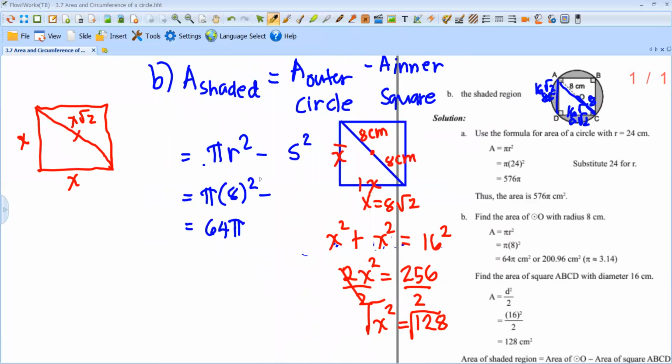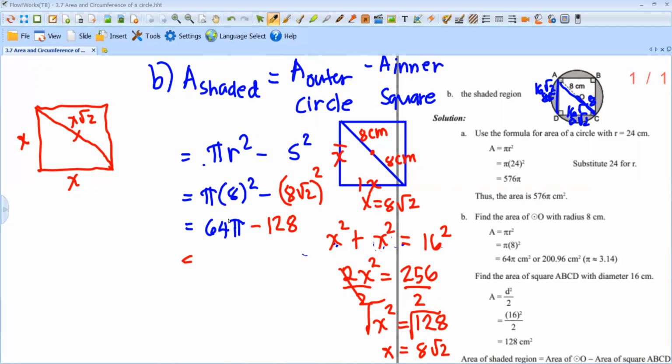So therefore, if we have this x equal to 8 square root of 2, that is the side, so we will have 8 square root of 2 squared, which is the same as 128, all right? So therefore, 64 pi minus 128 is how many?